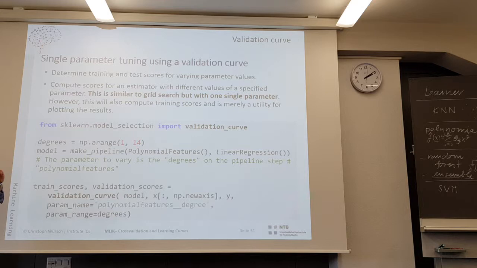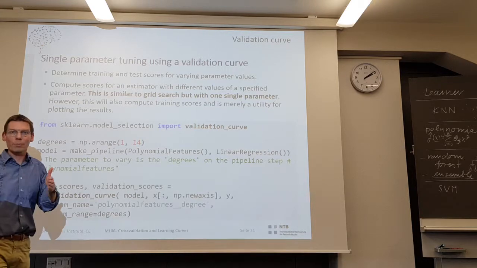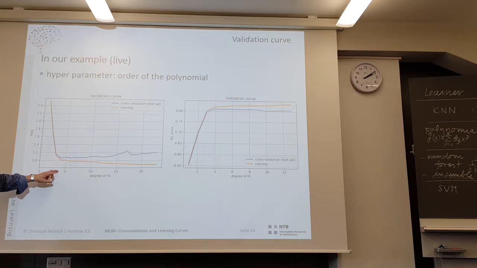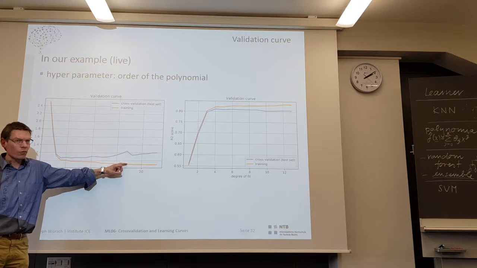We will also calculate the learning curve. This validation curve goes over the hyperparameters that have to be optimized. And it would look like this, for example. The degree, given some data set of the polynomial, goes up to order 20. And then we see, okay, the mean squared error goes down for the training data, it continues to go down.